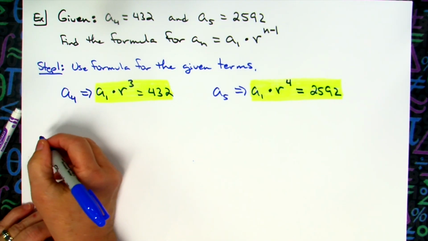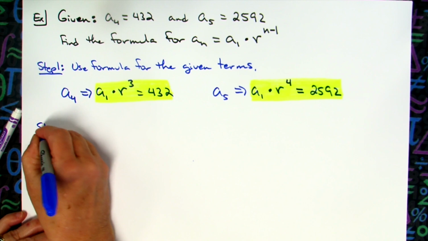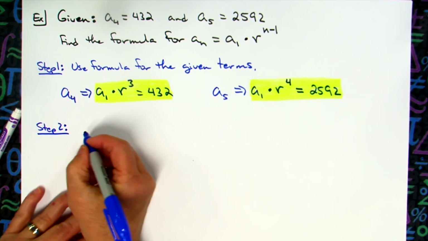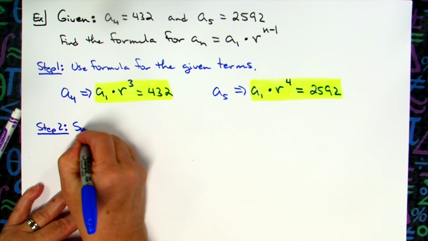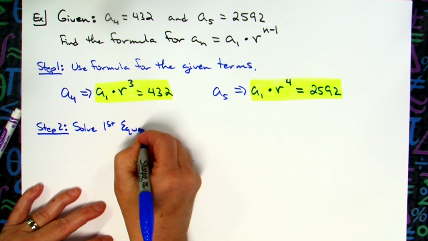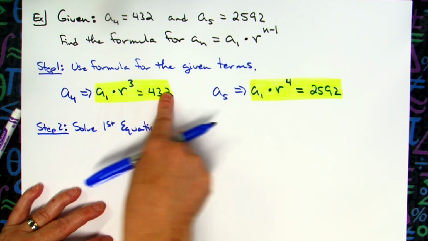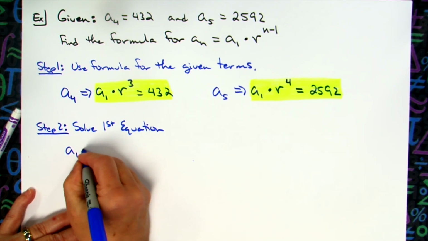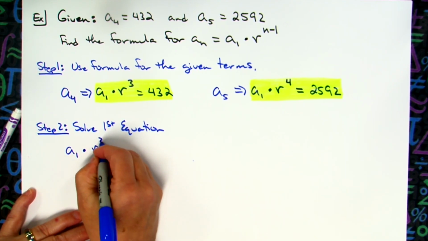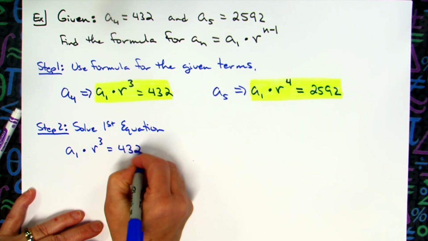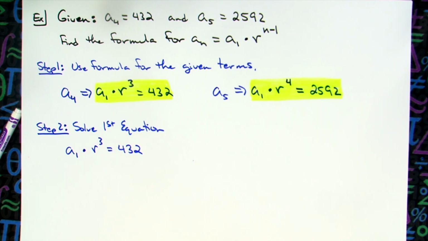Okay, now step 2. I'm going to solve my first equation. This is my first equation: a sub 1 times r raised to the 3rd power equals 432. Now I'm going to solve it for a sub 1. I want to find that first term.